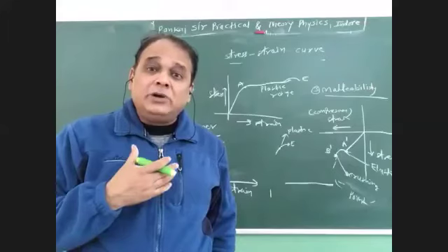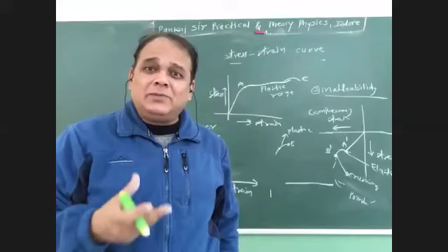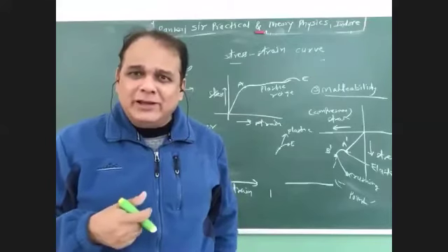A beautiful example of an elastomer is rubber. The aorta of our heart, which pumps blood from the heart to the other parts of the body.